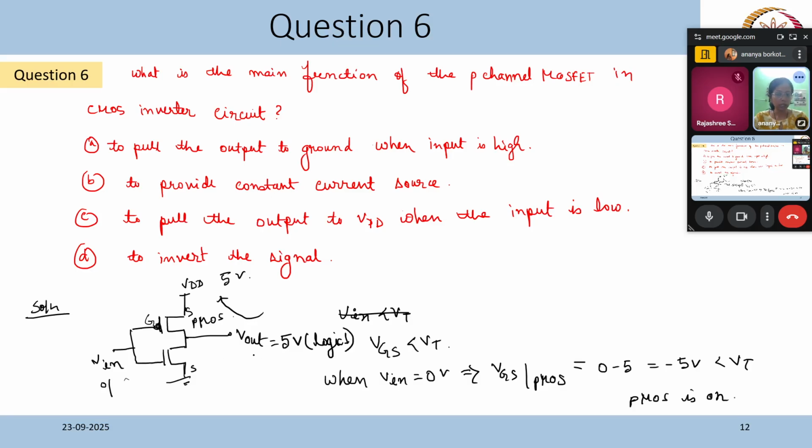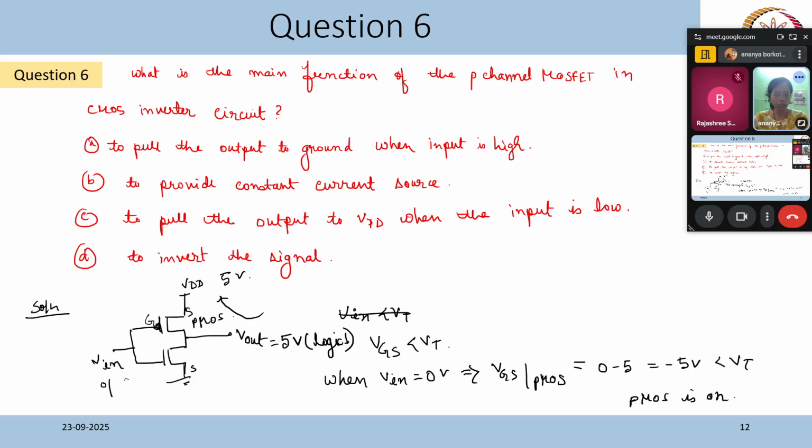So the NMOS actually connects the output voltage to the ground terminal through the source. So it pulls down the output towards 0 voltage, and PMOS pulls up the output voltage to the higher voltage value, that is VDD. So PMOS is pull-up transistor, NMOS is pull-down transistor.